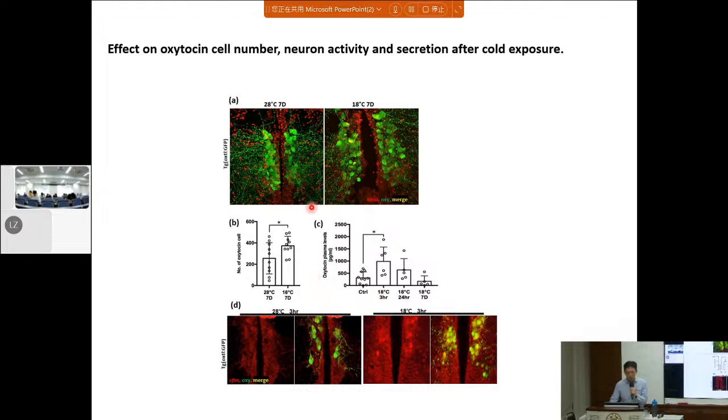We also checked the plasma level in the fish. We found that after 3 hours of transfer, the oxytocin release is actually increased.